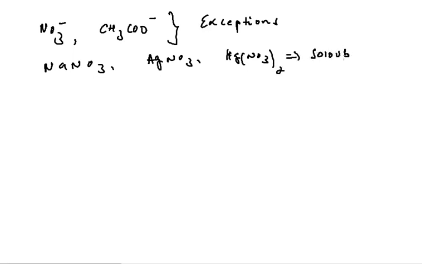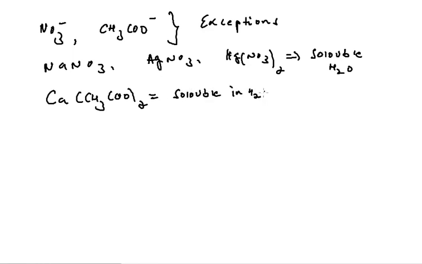So any compound that has nitrate ion in it would always be soluble in water. If you have an acetate compound, for example calcium acetate, this is also soluble in water.